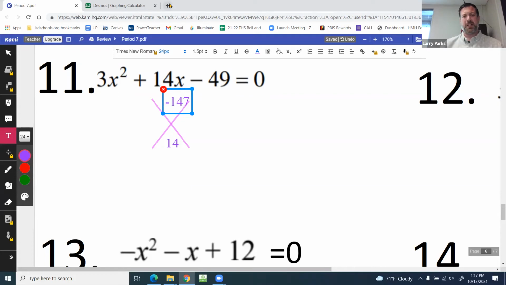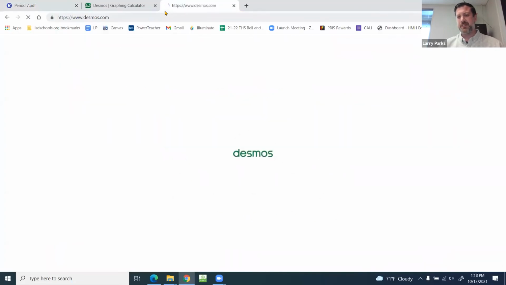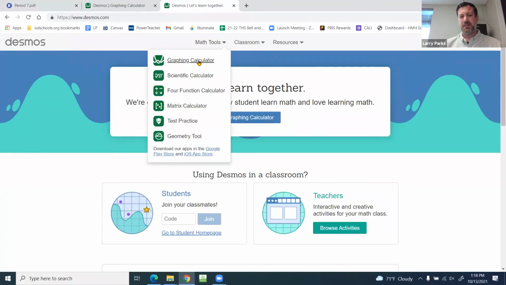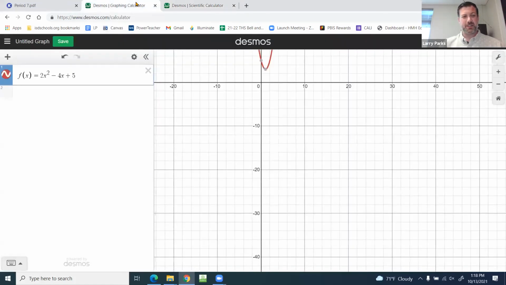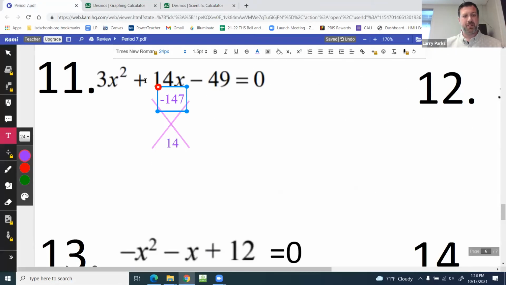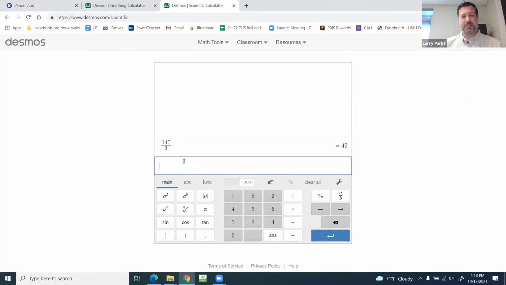And then I'm going to go play with 147. I just really don't know 147 very well. So let's go see. I know it's not divisible by 2. 49. Does 49 work? 49 plus 3 is 52. 49 minus 3 is 46. I want 14. That's not going to work. 147 divided by 4.